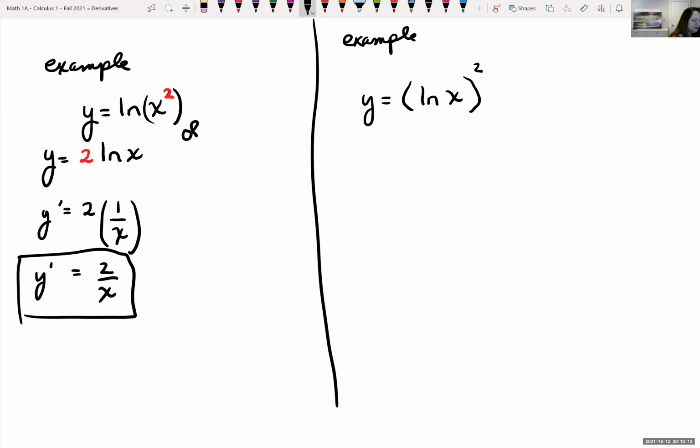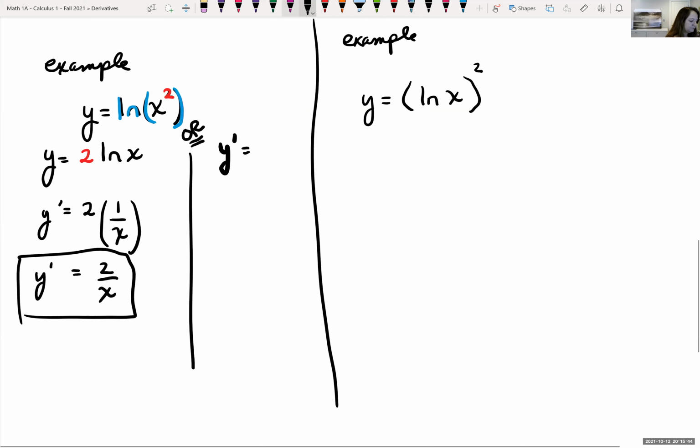Let's say you did not notice that rule of logarithms. Then we're going to have to think of this as using the chain rule. Looking at this using the chain rule, we would have the derivative of the natural log, which is 1 over what you're taking the natural log of, and in this case it is x squared, times the derivative of the inside.